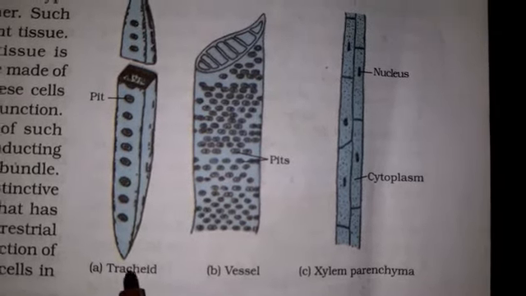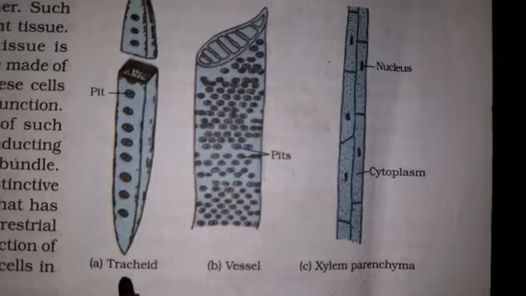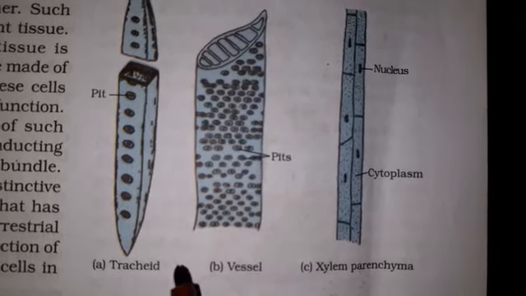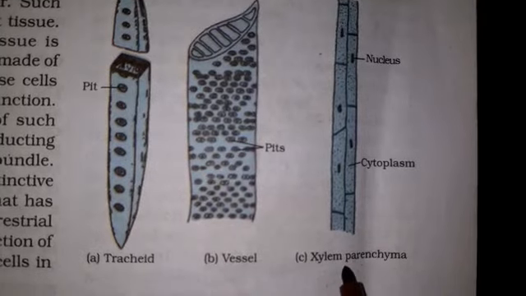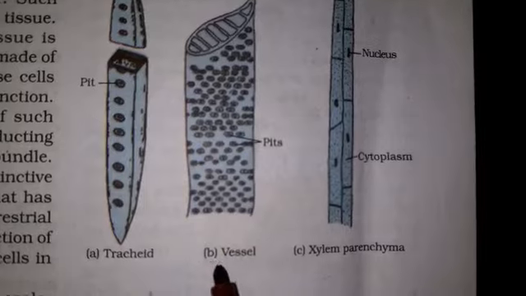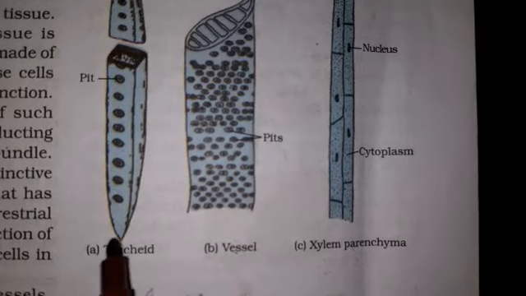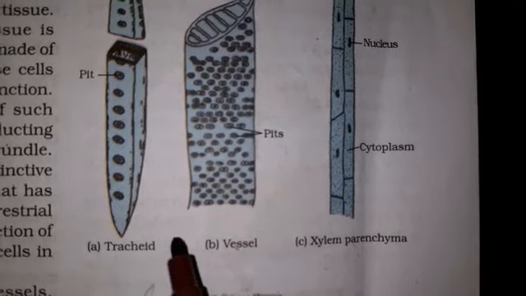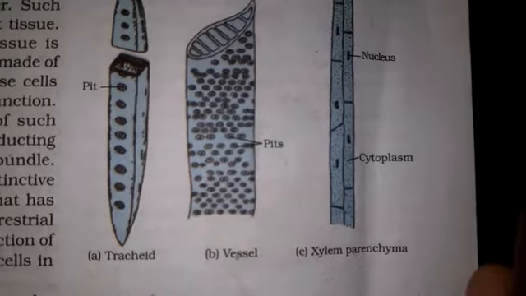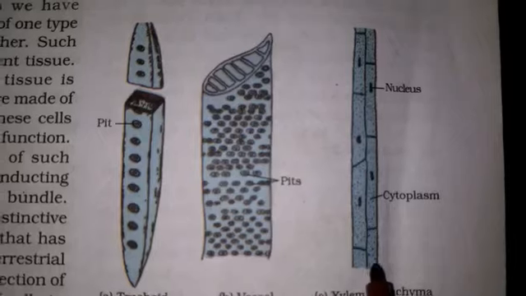We know conduction of water is from the root to all over the plant, a vertical movement in the plant, right? Xylem parenchyma helps the sideways movement of the water, and vessels and tracheids, which are tubular, help in the movement of water. Xylem fibers are just supportive tissue.